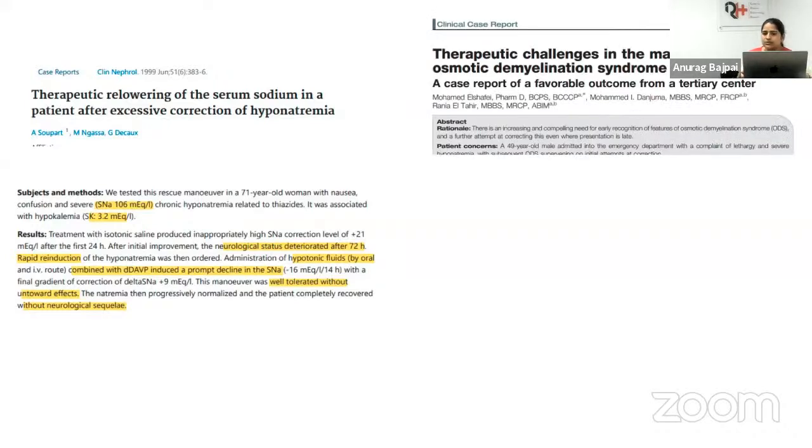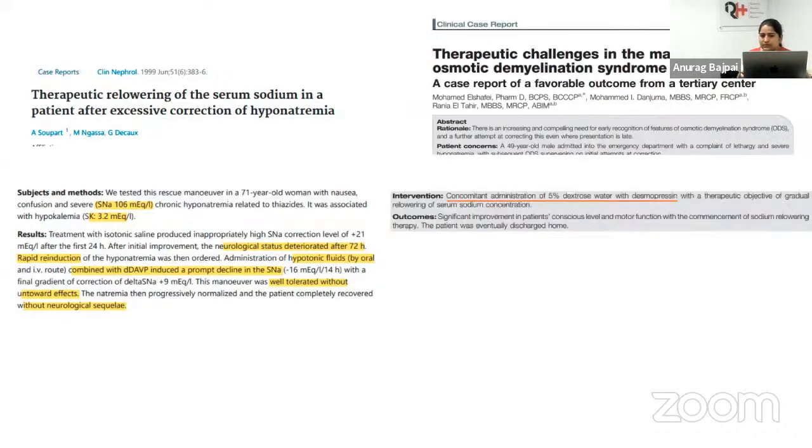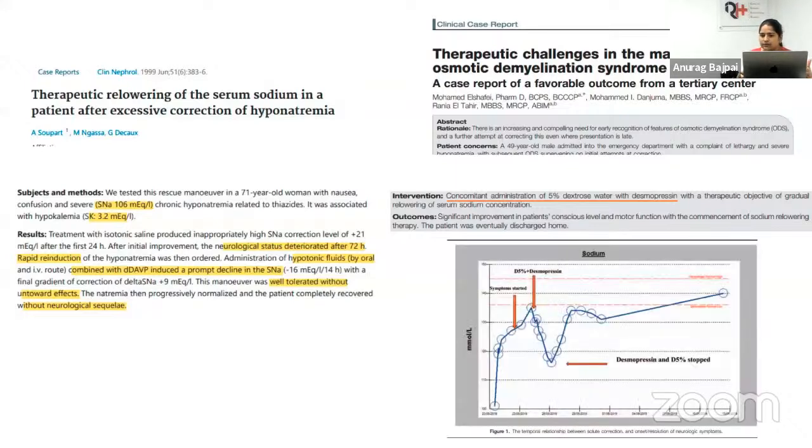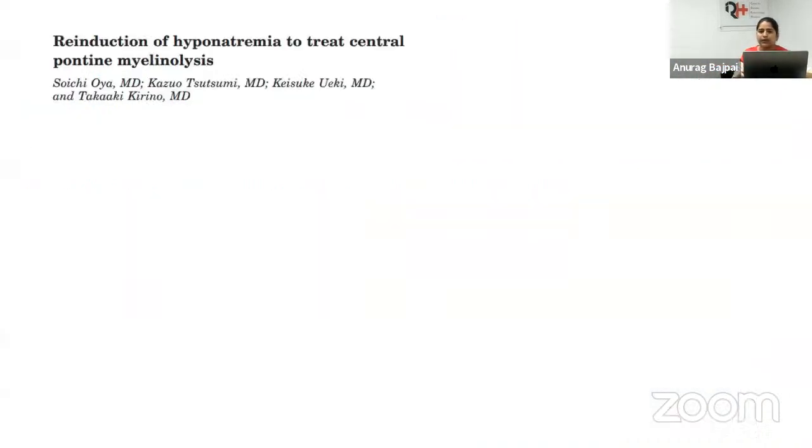There is another case report with a similar result, in which they also used 5% dextrose along with desmopressin, and they showed that there were no neurological sequelae after the treatment. And this is the study that was very similar to our patient.